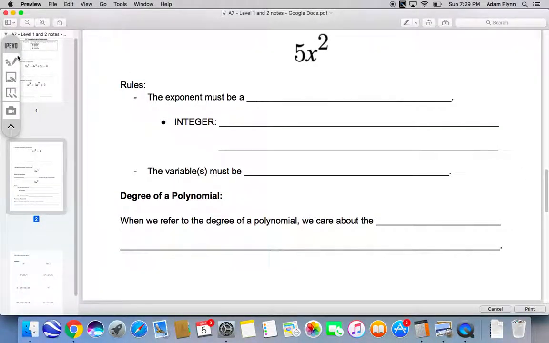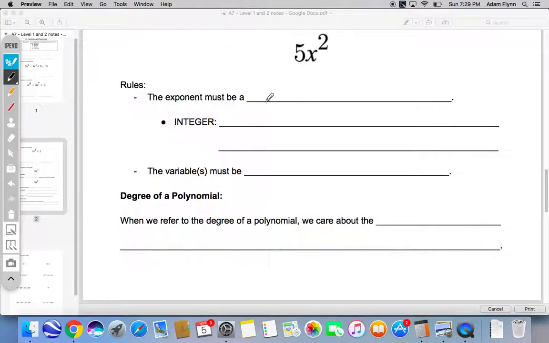So the rules of polynomials. The exponent, which we should know by now, for this case is 2. The exponent must be a non-negative integer.